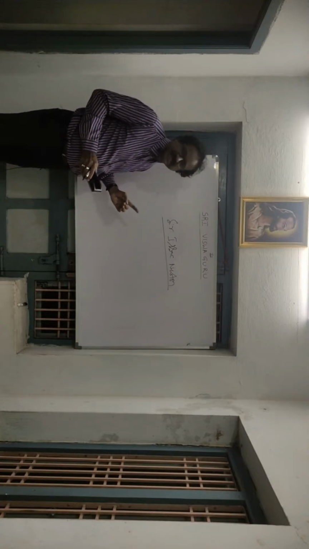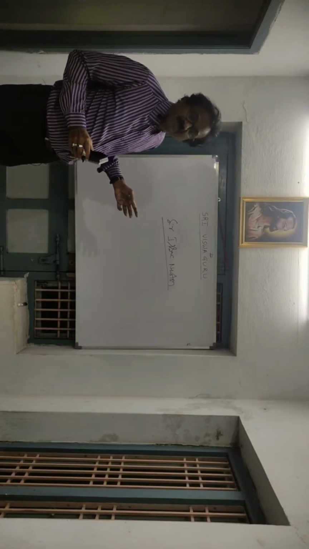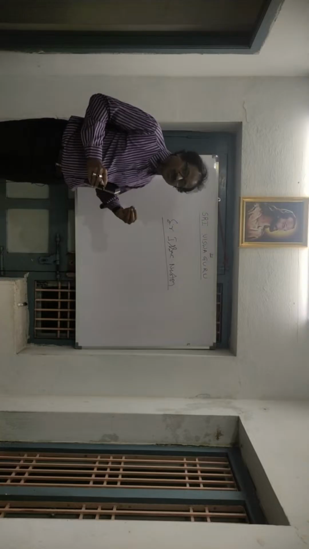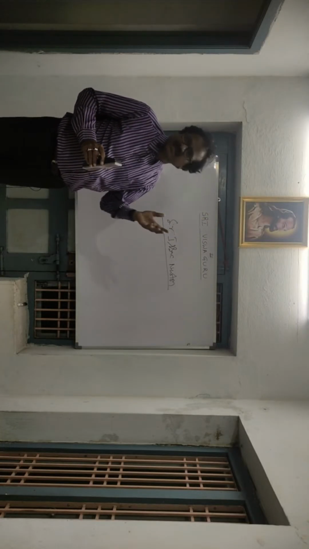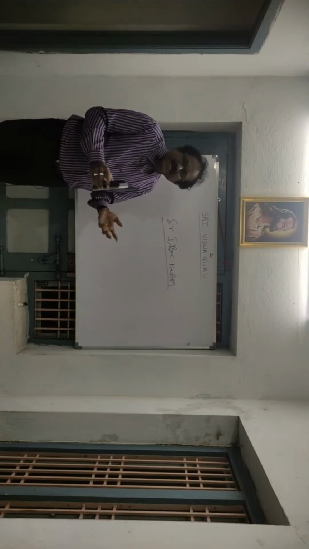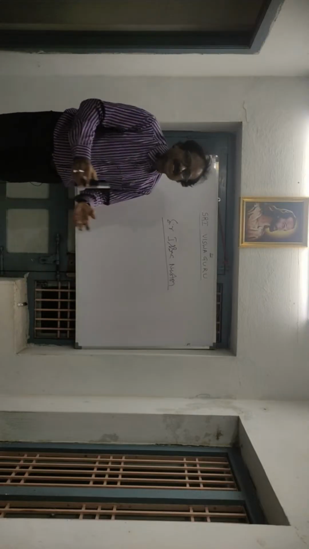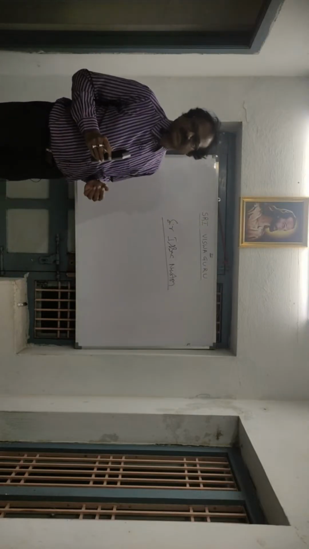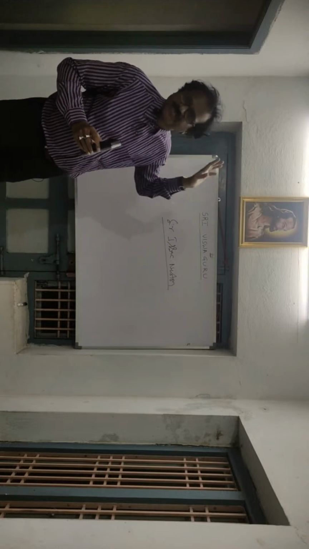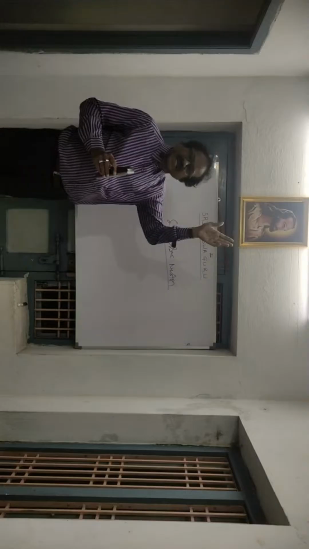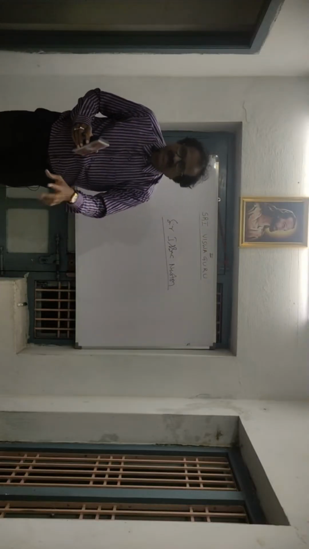When an object is thrown into the sky or the air, it automatically comes down to the earth, attracted by the earth. We throw an object, and automatically that object falls down to the earth.